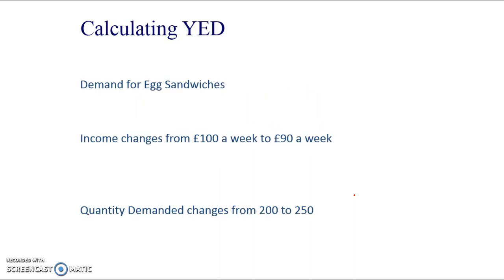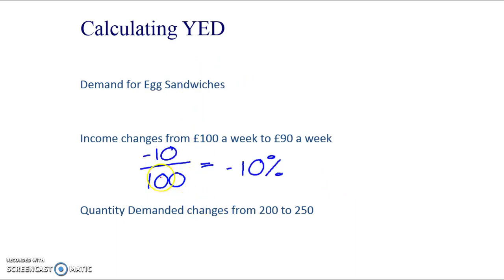So here we go, a nice example again, looking at egg sandwiches, because I love egg sandwiches, and we're looking at what happens when income changes from £100 a week to £90 a week, and as a result of this, the quantity demanded changes from 200 to 250 units a week. Now, even I don't think I could eat 250 egg sandwiches a week, but let's have a look at what happens here.